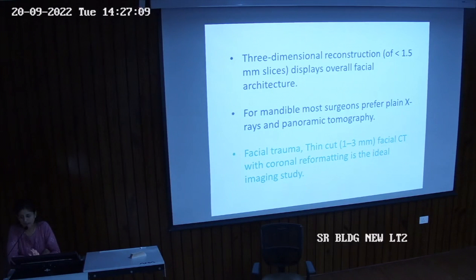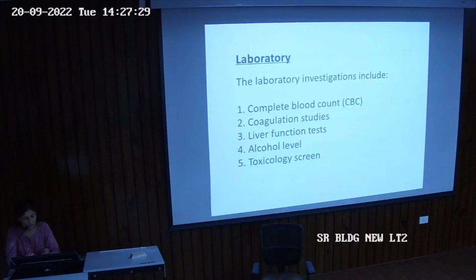Now we don't get this done because the total cost of this CT would come out to be 4,500, and now we can get a 3D reconstruction in 5,000. So it's easier and more convenient. It gives much more information, right? So see, what I've written is there's a 3D reconstruction display of overall facial architecture, which we will show you. So the lab investigations are the usual investigations that you'll get done.